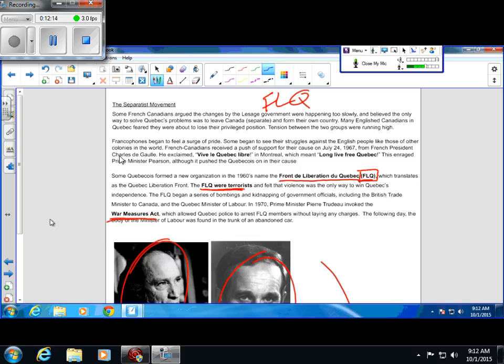So what happened was that a terrorist group called the FLQ, as you recall from last class, which stands for the Front de Libération du Québec, or in English, the Quebec Liberation Front, emerged. What you need to remember is that the FLQ is a terrorist group, and they used a lot of violence in order to get what they wanted, which was Quebec independence.